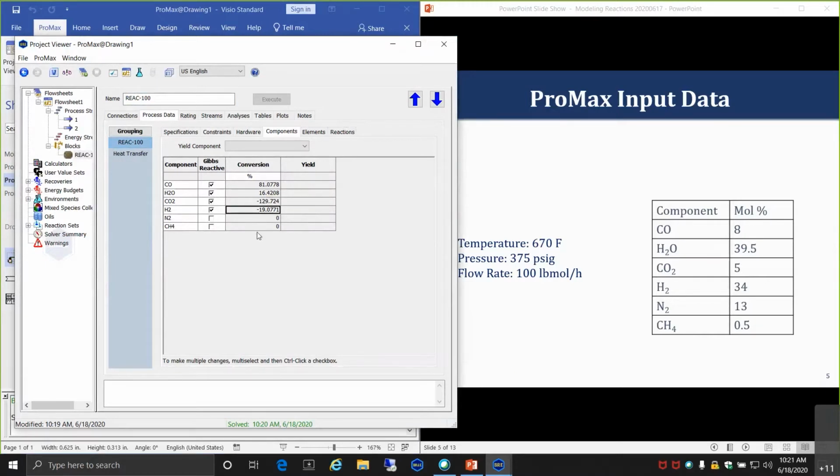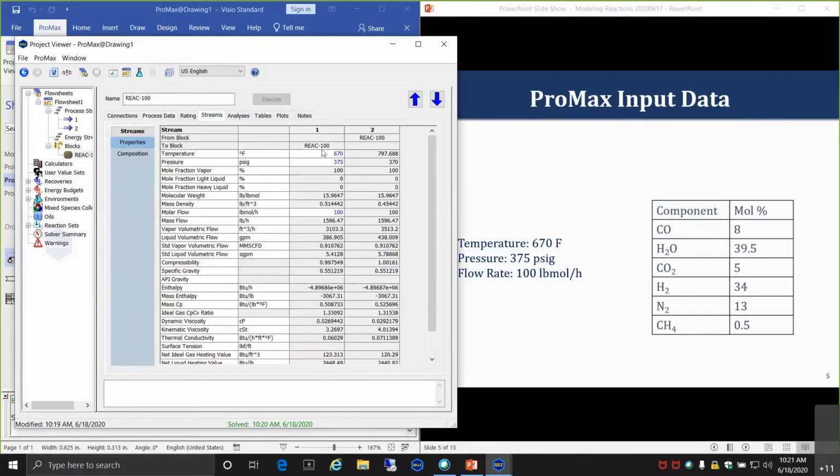The negative conversion values means that they were actually produced in the process that was being modeled. And so this is saying that CO and H2O were reacting and they were producing CO2 and H2. If we look at our streams, you'll notice that adiabatically we have increased in temperature.